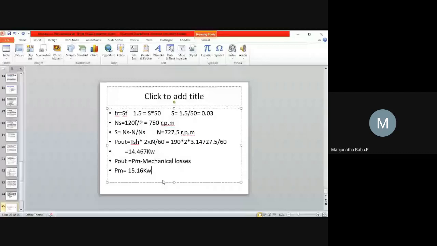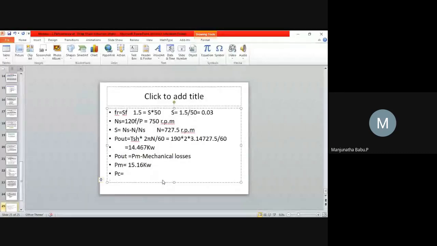So now PC is equal to PM into S divided by 1 minus S. Substitute and find the copper loss.